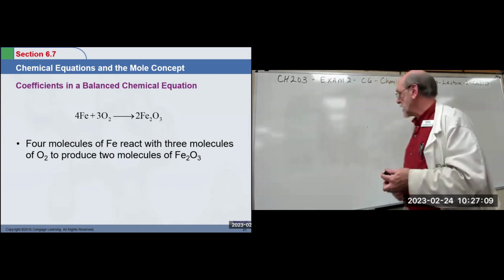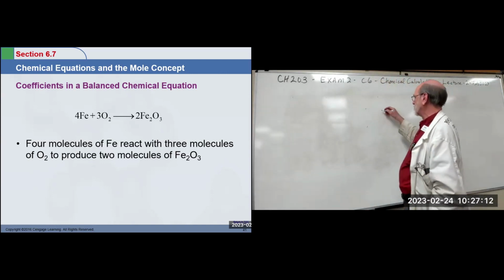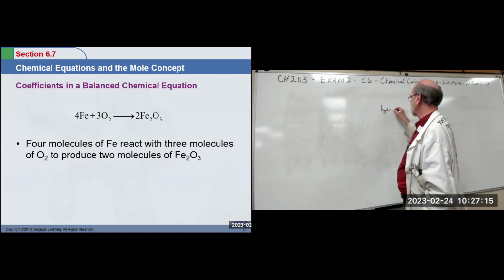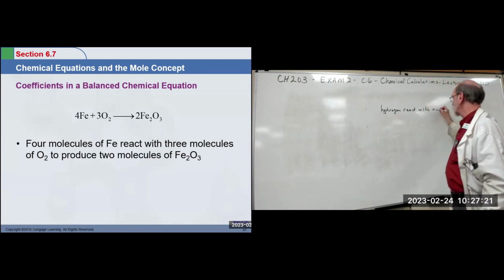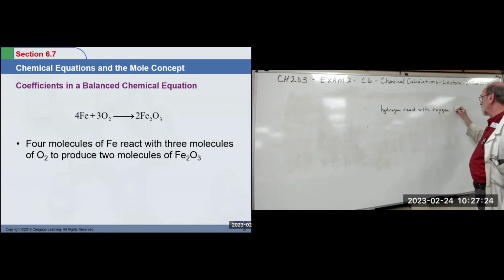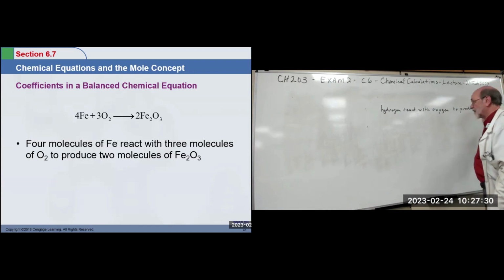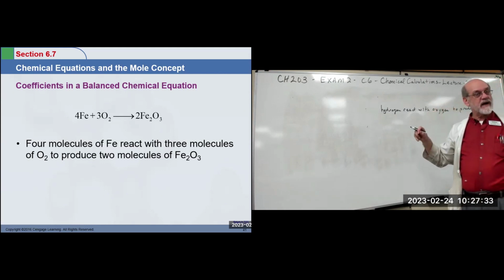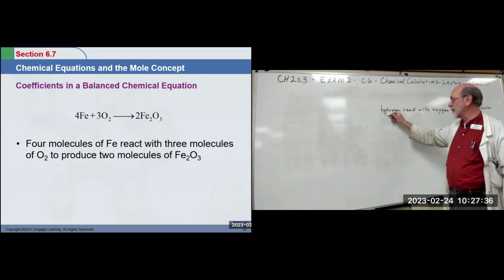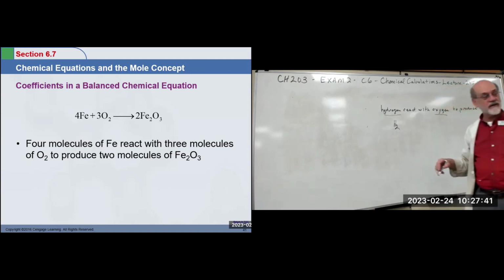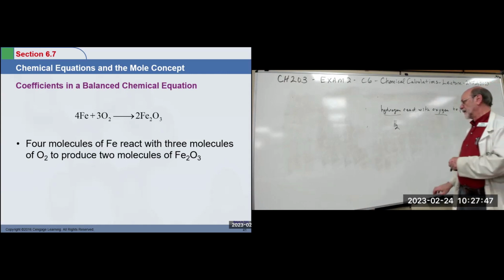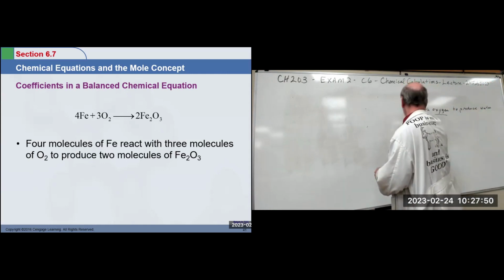And remember, if the word problem says hydrogen reacts with oxygen to produce water, remember your diatomic elements. That's diatomic. That's diatomic. So when you write the equation, you better write it this way. If you don't write it that way, it'll never balance. Or it won't be correct anyway.